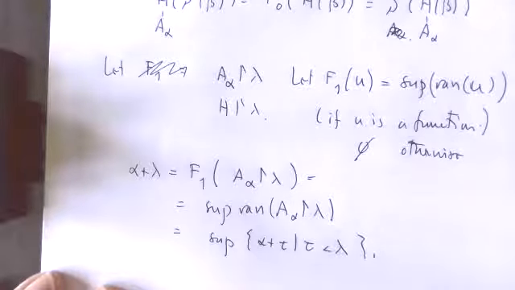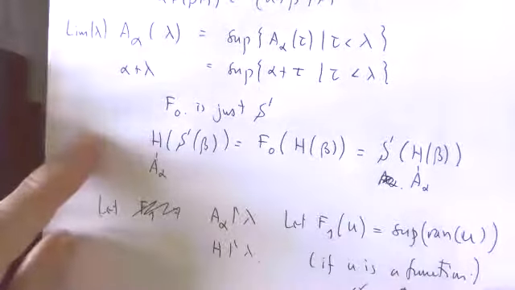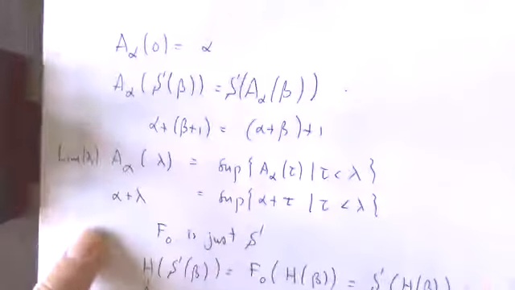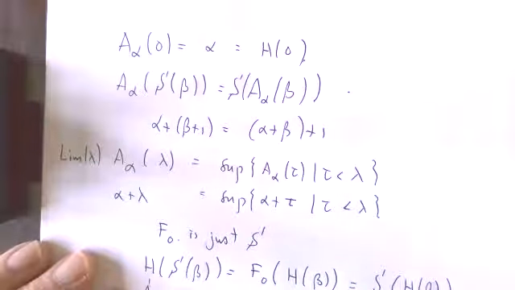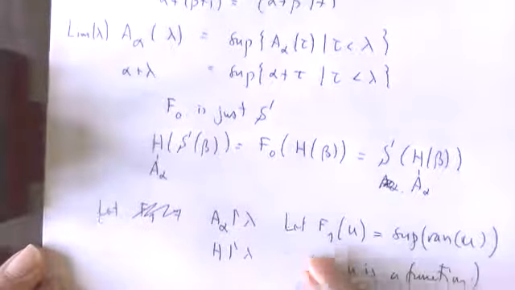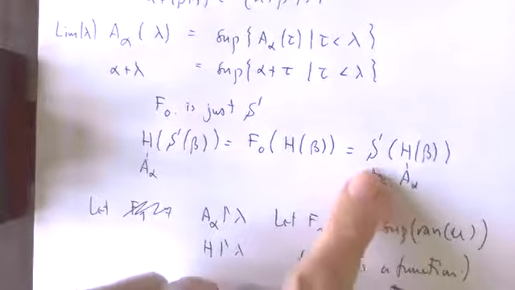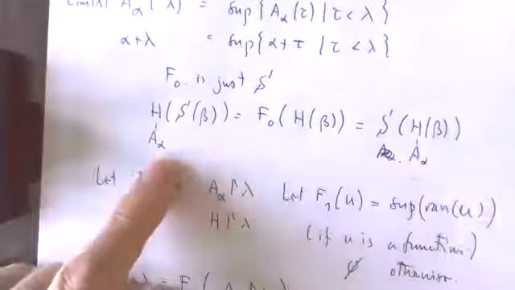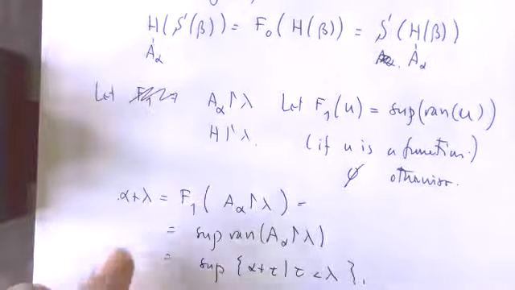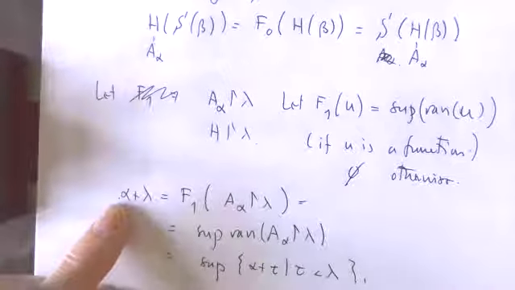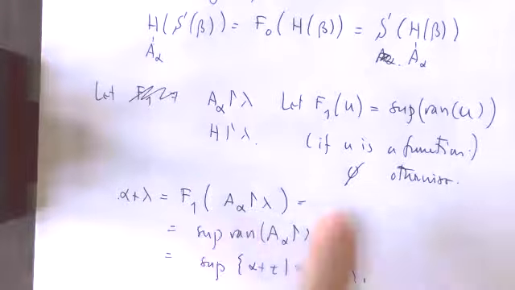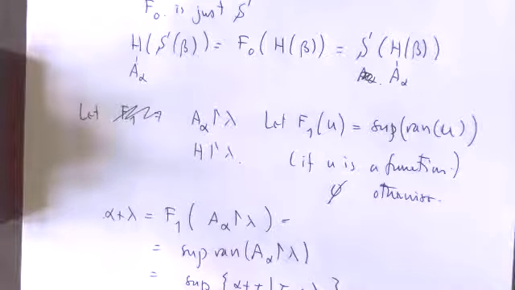So this is how you would justify addition based on that second form of the recursion theorem. We'd say here is the starting point, my h of 0. The f0 function is just, in this case, the simple successor, and that tells us how we get h of beta plus 1. And here we have h of lambda, where we apply this sup range function as my f1.